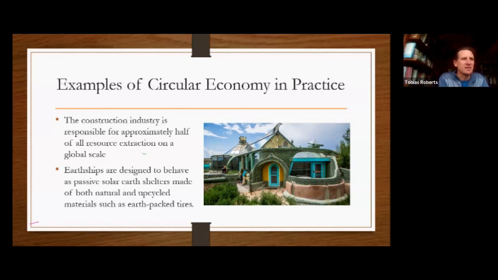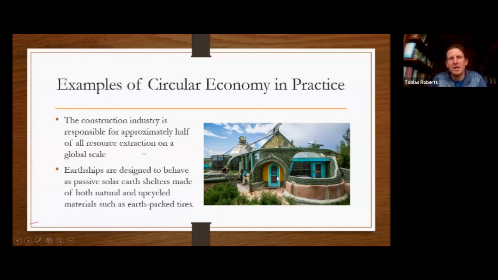So all of the cement, all of the wood, all of the synthetic materials, all of the copper for electricity, all of the plastics and metals for plumbing. It's an enormous amount of materials. All of the steel used for these skyscrapers we're building. The construction industry has an enormous environmental footprint. So how can we change that?